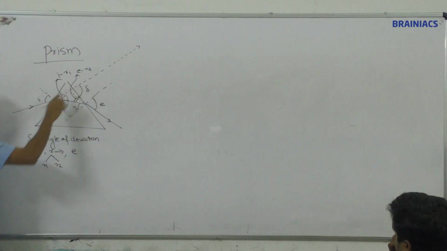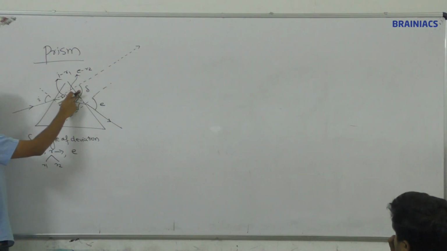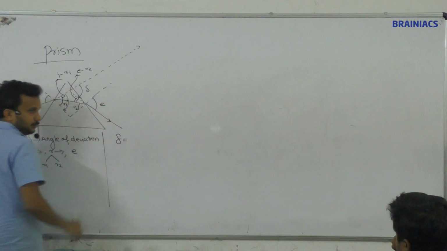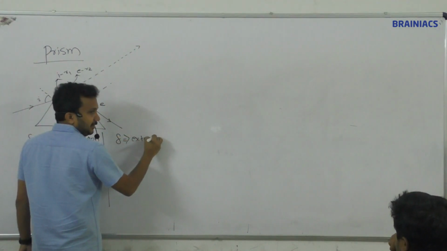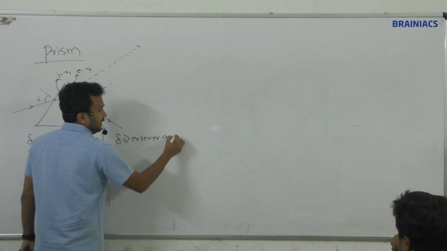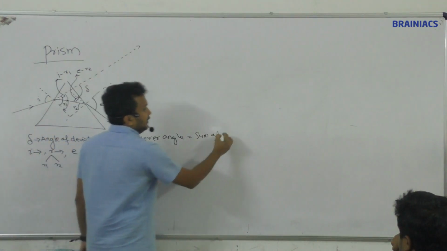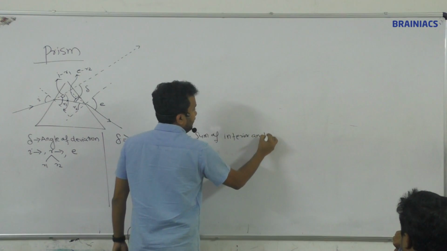Okay, so what is delta? Delta is an exterior angle of the triangle. By the principle, the exterior angle is equal to the sum of the interior angles. How many interior angles?